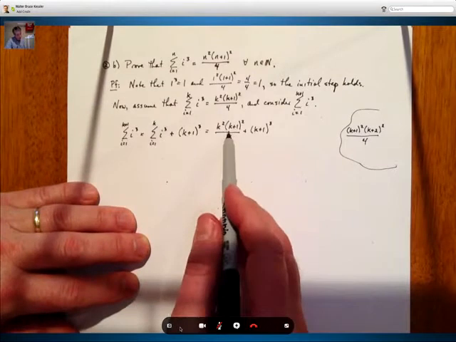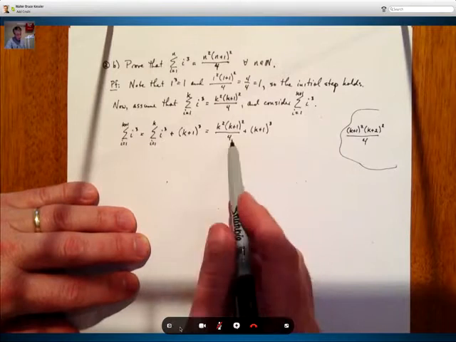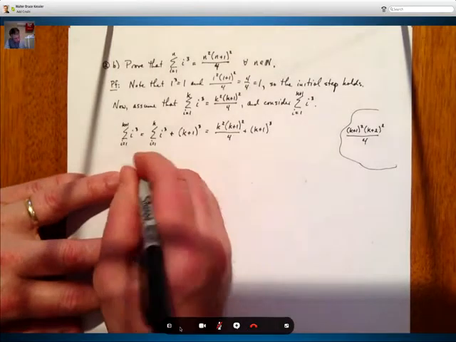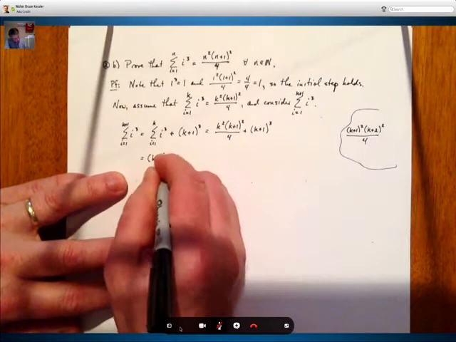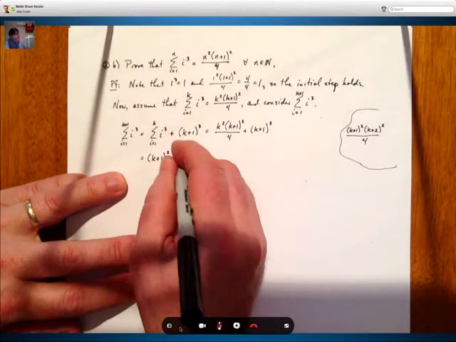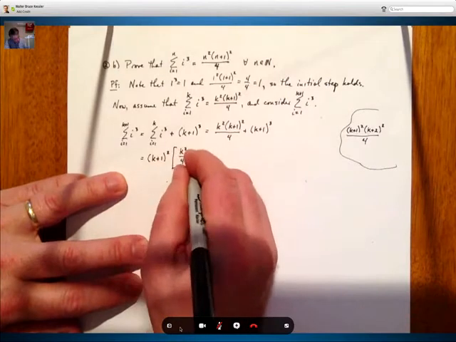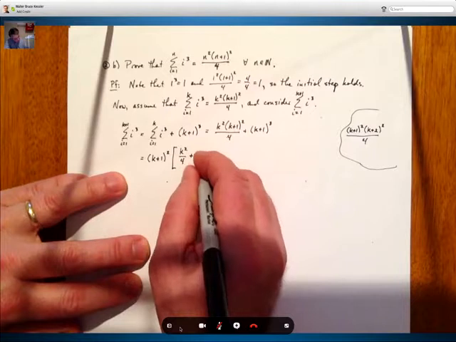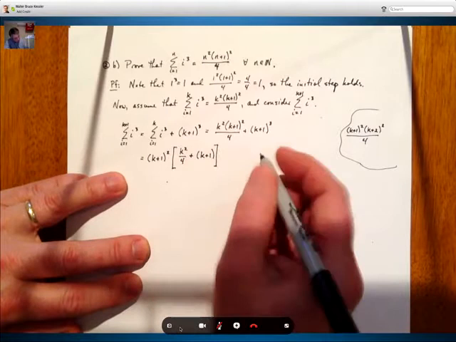So some things are happening here that are encouraging. We've got a common factor of k plus 1 quantity squared. I've got the 4 in the denominator, so let's at least get our common factors out. That would leave me with k squared over 4, and then plus k plus 1.